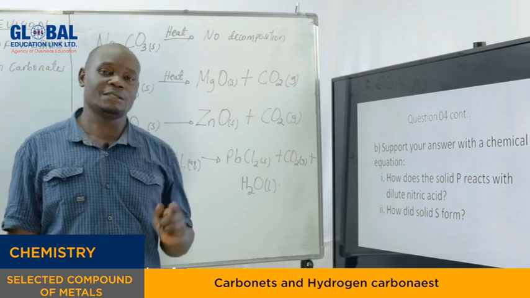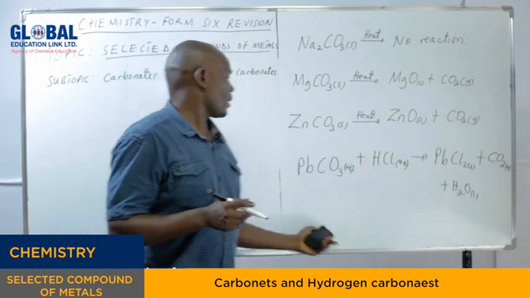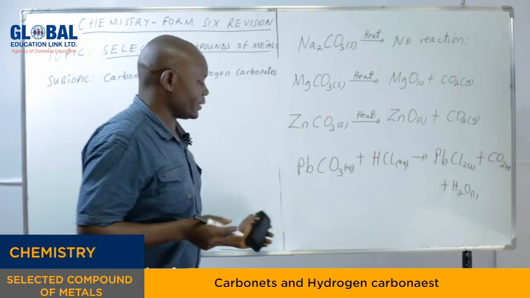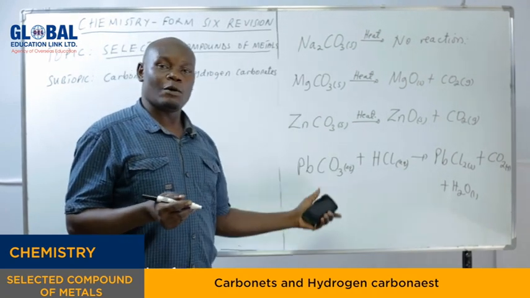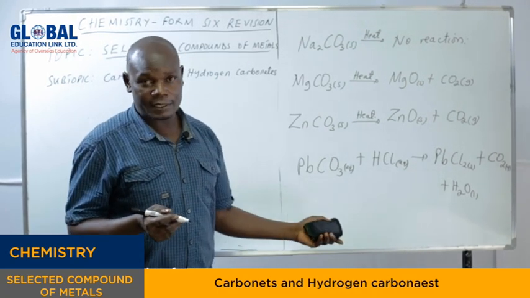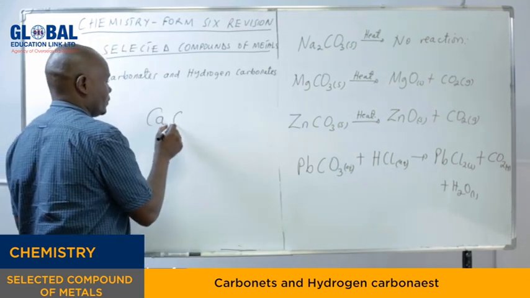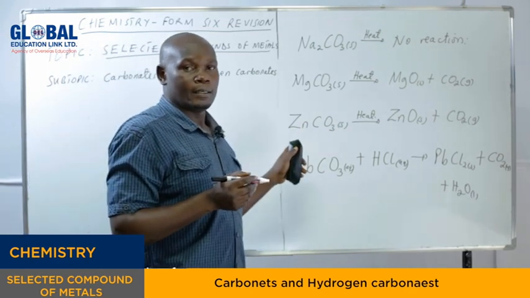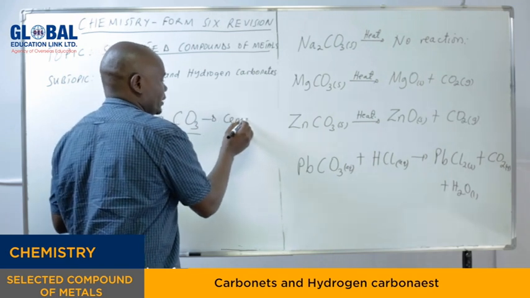Now, overall, how do we use the carbonates? The application of carbonates is that they are used in manufacture of building and construction materials. A good example is calcium carbonate. Calcium carbonate, when powdered, is used in manufacture of cement.